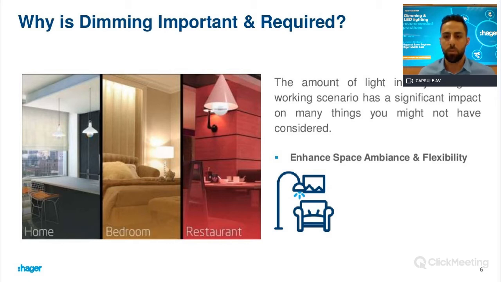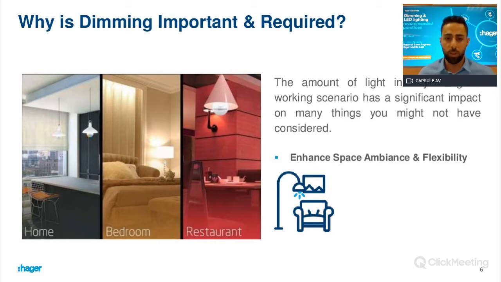The significant output, sometimes we don't consider, but as we work in this industry and go deep into details, we know that it has an important role to take care of. One of them is enhancing space, ambience, and flexibility.